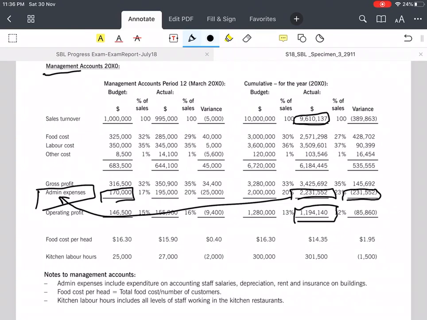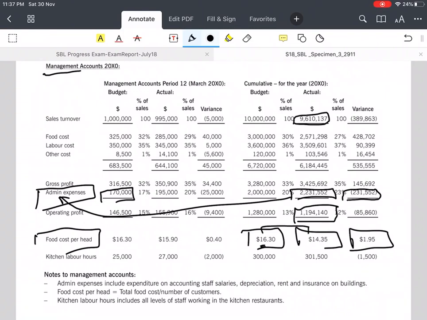Thirdly, we've been given food cost per head, the budgeted figure, the actual figure, and there's a favorable variance in the two. But we don't know what type of meals we served, what were the costs of different types of meals served. So we don't have the split. We don't have even the split of the lunch and the dinner.